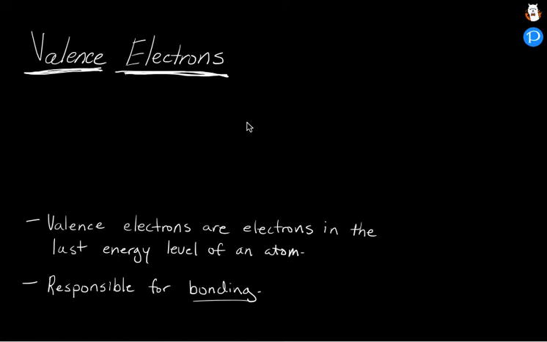Right, so last week we were talking about electron configurations, which was basically a way to show where electrons are within an atom.